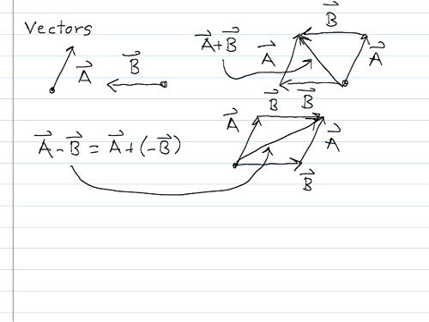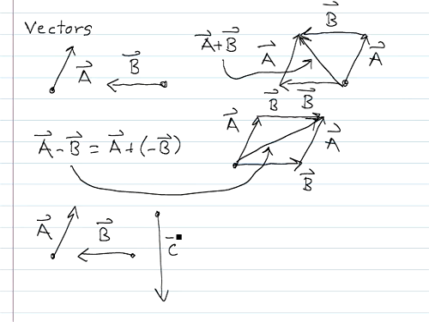Another thing you might run into is what happens if you add more than two vectors together. So I'll start off with A and B again, just to keep things consistent. Here's A, here's B. And now let's add in another vector, C. So I'll take C to be this vector, make it long and pointing down.